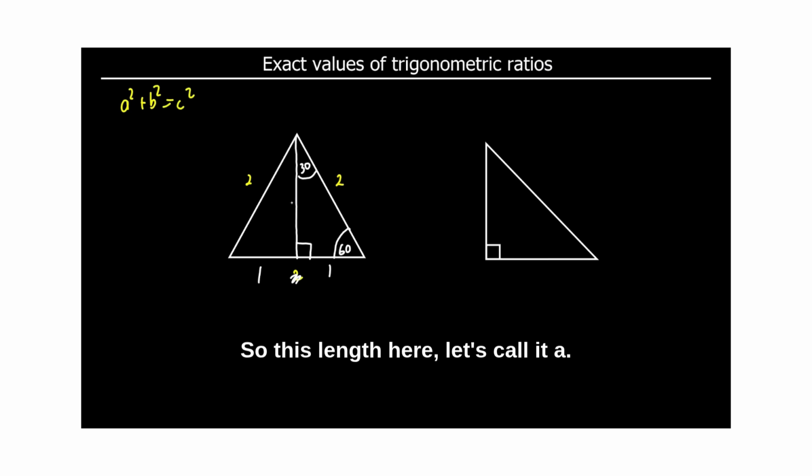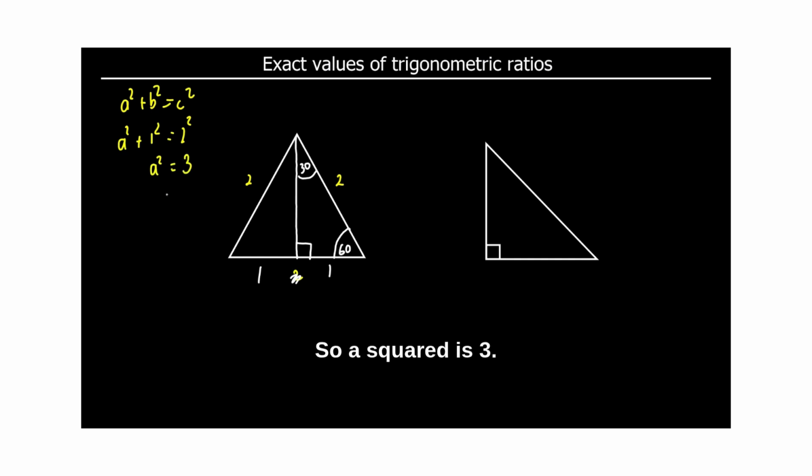So this length here, let's call it a squared plus 1 squared equals 2 squared. 2 squared is 4. Take away 1 squared, so take away 1 is 3. So a squared is 3. A must be square root 3. So this length is square root 3.